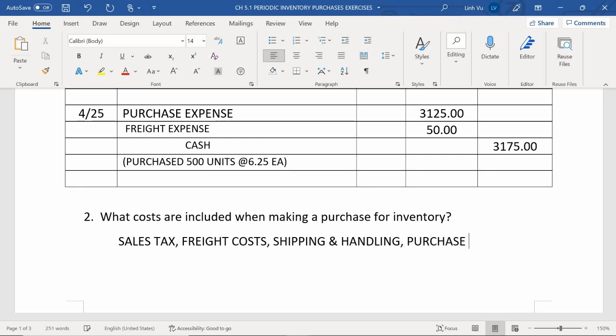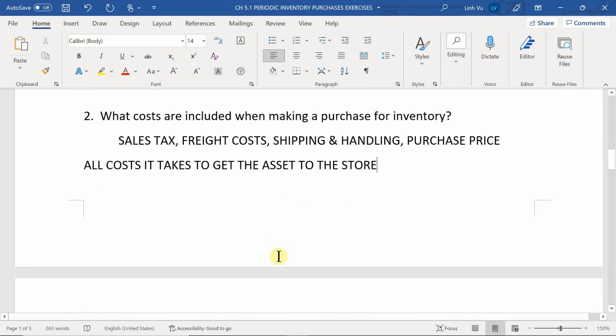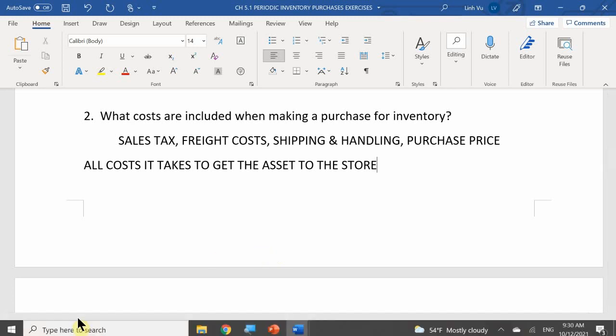So the definition is all costs it takes to get the asset to the store, which includes sales tax if you're being charged it, freight, shipping and handling, and any storage fees. You could come across foreign fees if you're purchasing items from overseas. Yes, that's included as well.